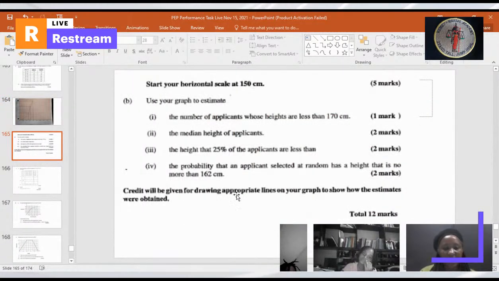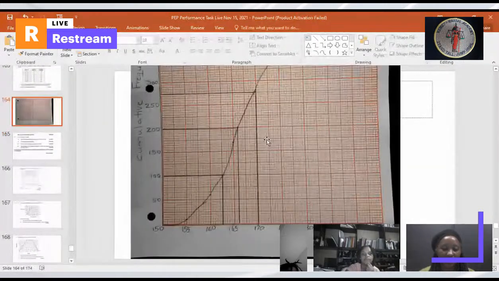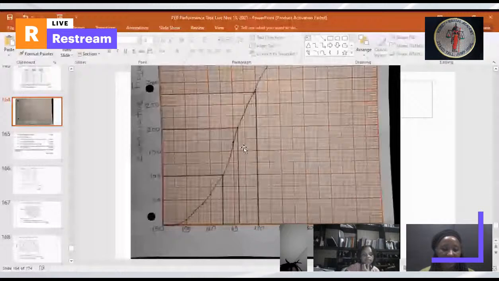The height that 25% of the applicants are less than. So 25% is a quarter, right? A quarter of the 400, so that's 100.